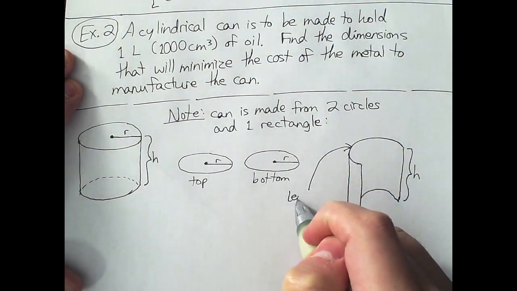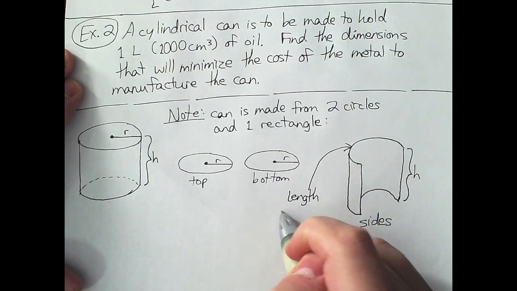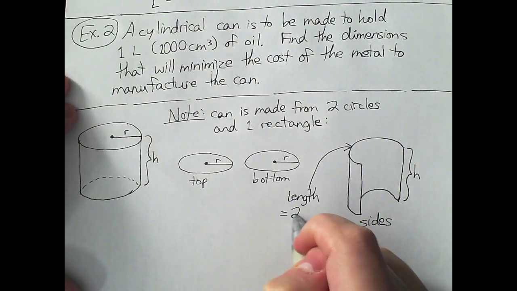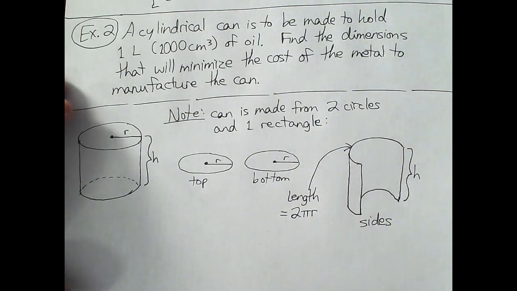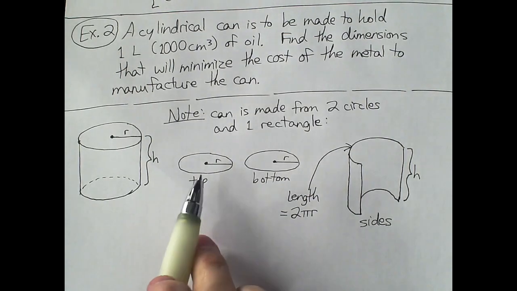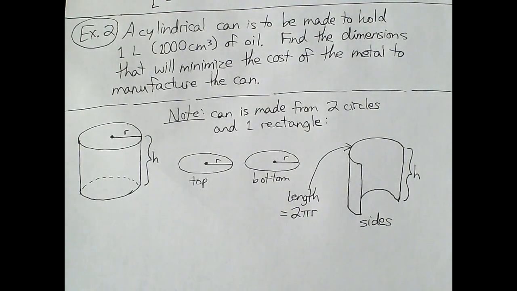So this length equals, do you remember the formula for the circumference of a circle with radius r? It's 2 pi r. So I think that's good that we deconstructed the cylinder.